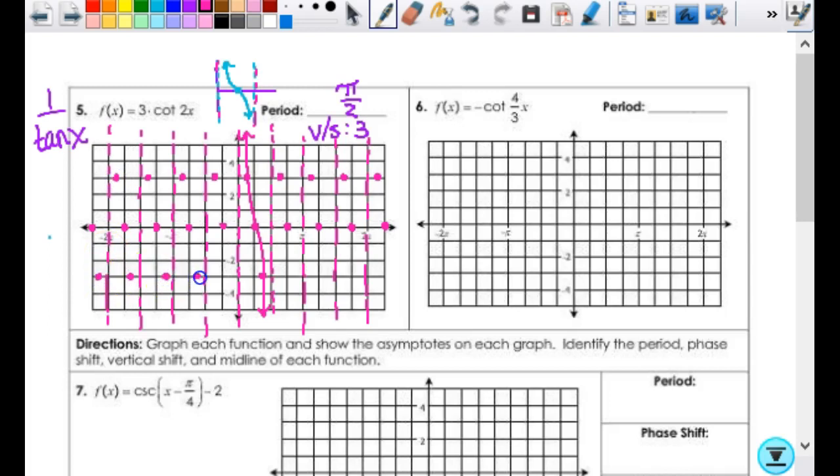These points you do need to plot, and I make you plot all these points for secant and cosecant, but when you can plot them, you should plot them. And so here is cotangent, I'm sorry.